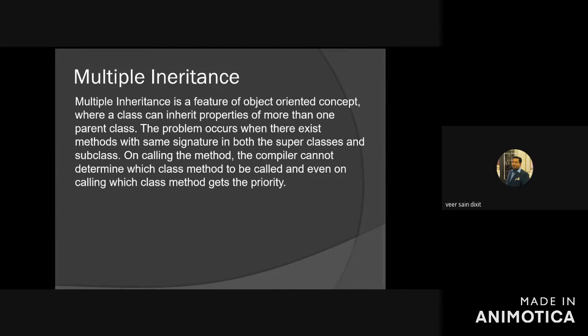It cannot be decided by the child, because the child subclass will have the same copy of the method from the parent 1 side and the parent 2 side. So it will not decide which method of the grandparent class it has to access. That is the problem with multiple inheritance in Java. So how to resolve it? You can resolve it using the concept of interface.